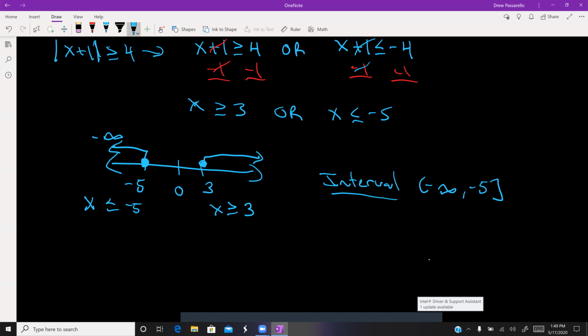And the other case is going from 3 to positive infinity. So I put a bracket around 3, and then off to positive infinity. And you could remember to use the union sign whenever it's the word or. All right, so that's going to be the solution or answer to this question.